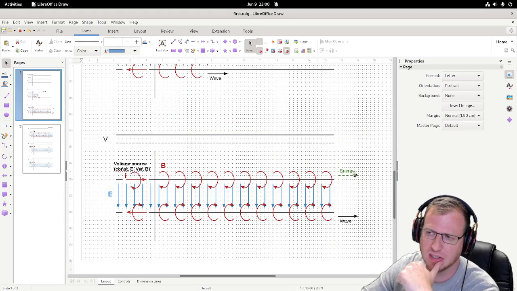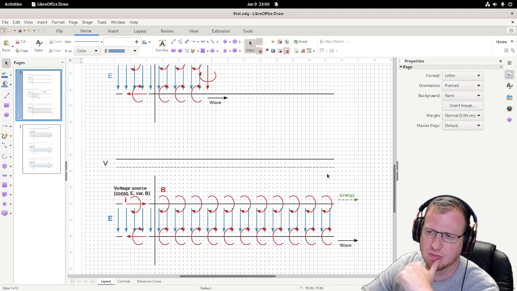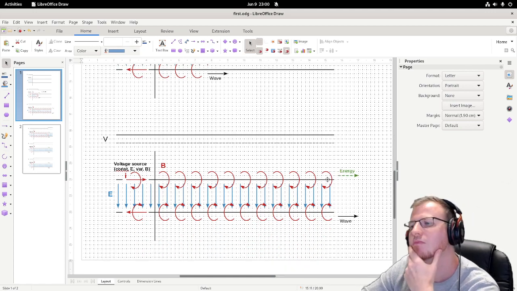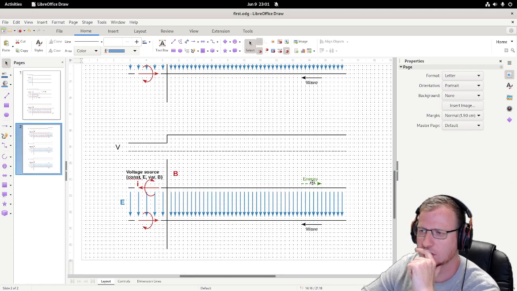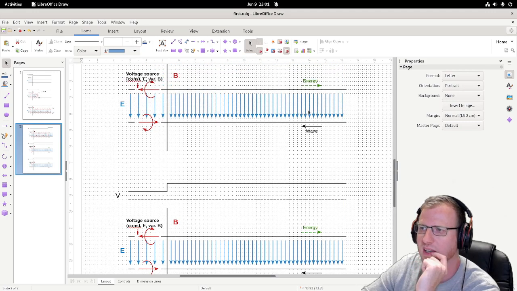So now the wavefront here, I think the energy was going here. Which state should I display here?